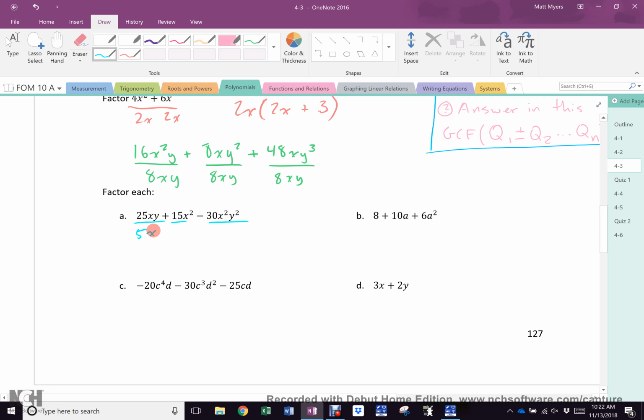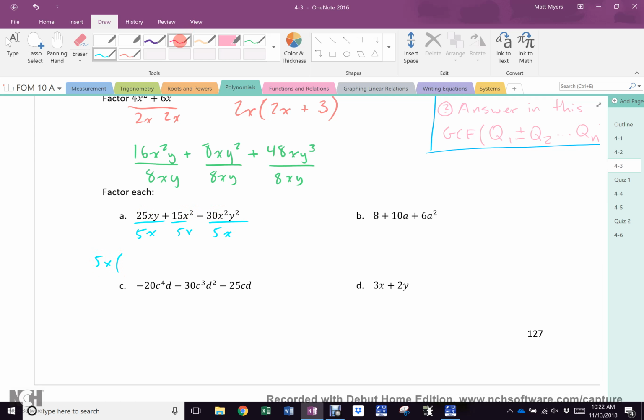X. Holly, why is it only X? I can quite plainly see there are Y's everywhere here. 15 is the one place that there isn't a Y. But there's squared and squared. How come I only need 1x? Because 25 only has 1x to give. Then I write it out. GCF first, 5x, and then all my quotients.